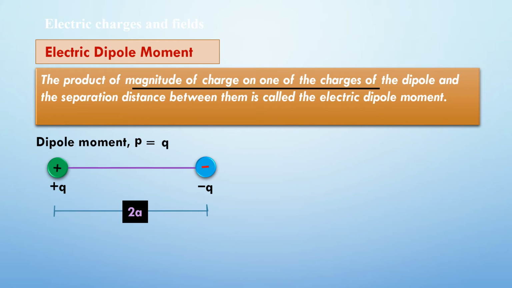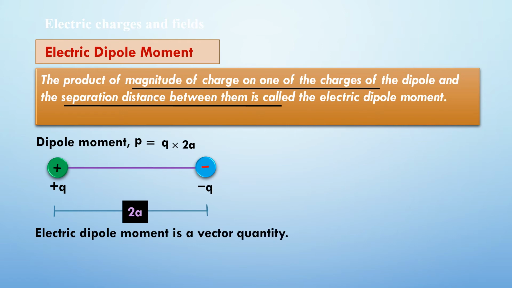So P is equal to Q, as both of the charges have the same magnitude, into the distance of separation between them, which is 2a. Therefore dipole moment can be given as Q into 2a.